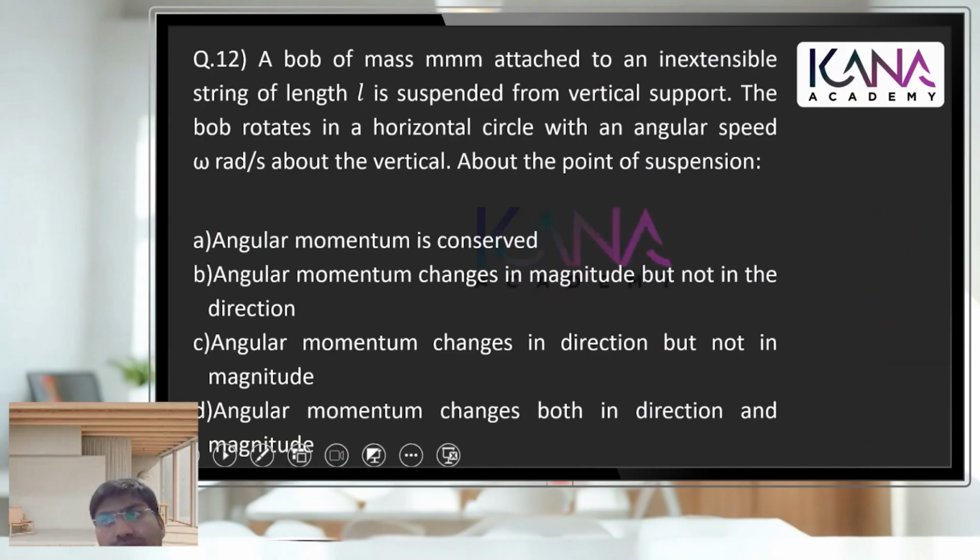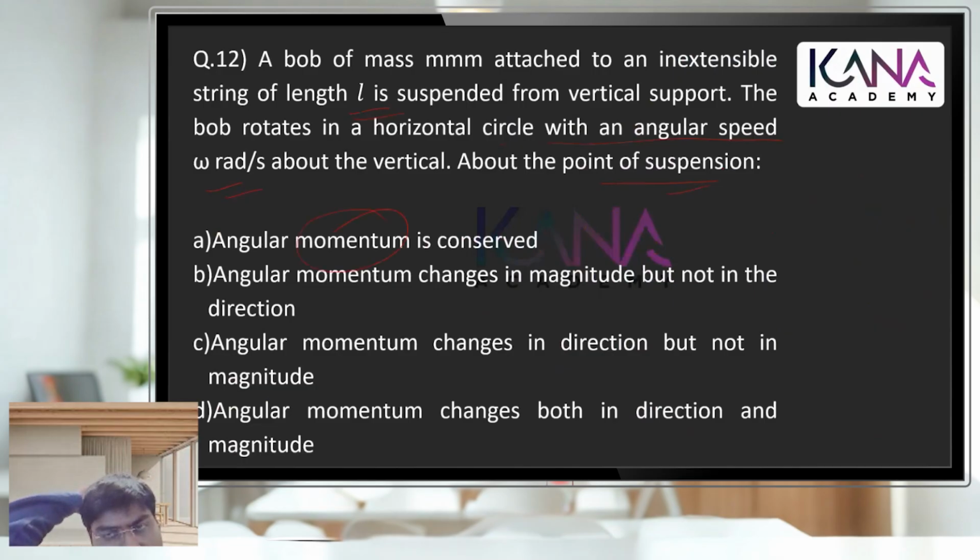Okay, so next, the 12th one. There is a bob of mass M attached to an inextensible string of length L from a vertical support. The bob rotates in a horizontal circle with an angular speed of omega. About the point of suspension, they're asking about angular momentum.